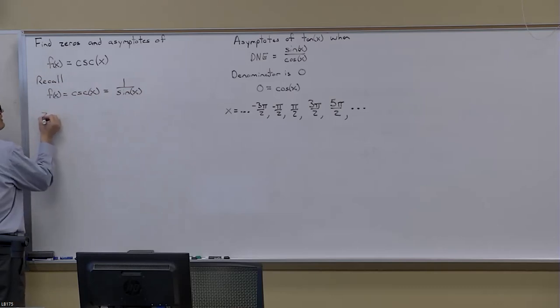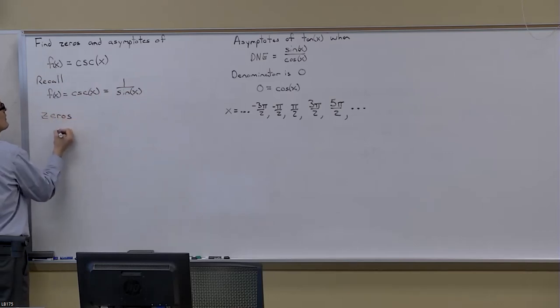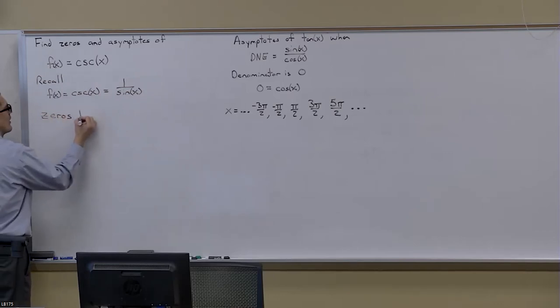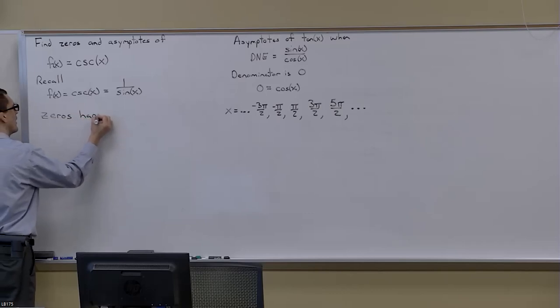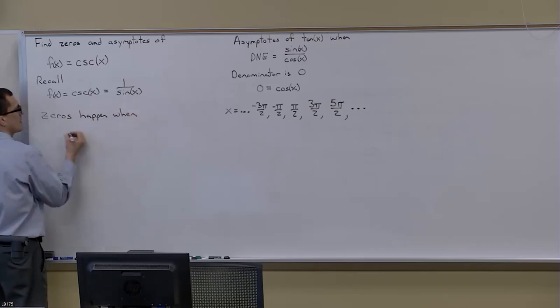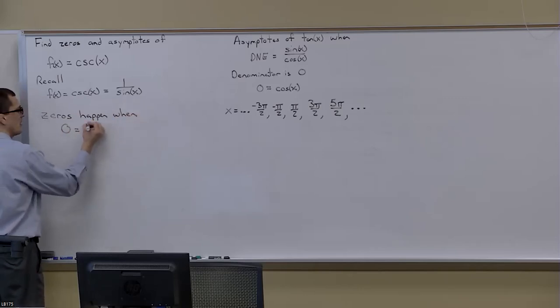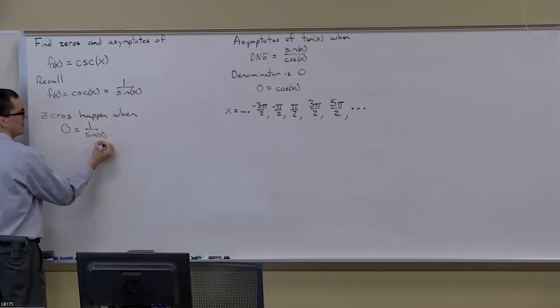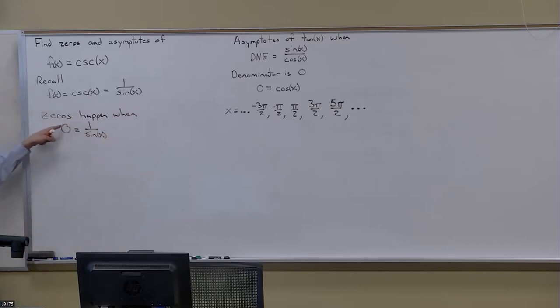And so if you're looking for the zeros, they happen when that fraction is equal to 0, but notice the numerator can never be 0, right?